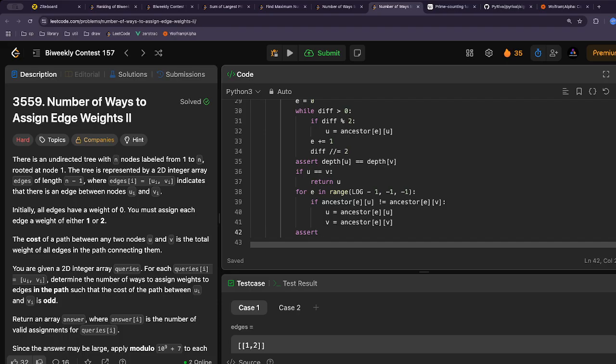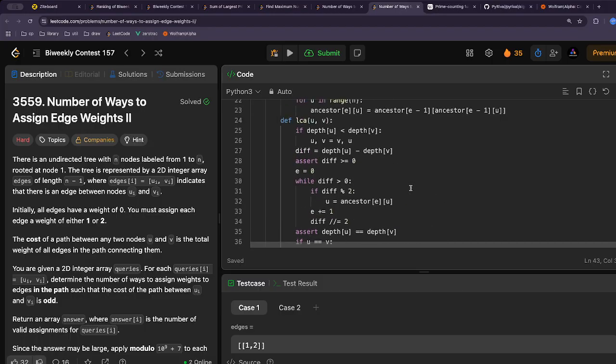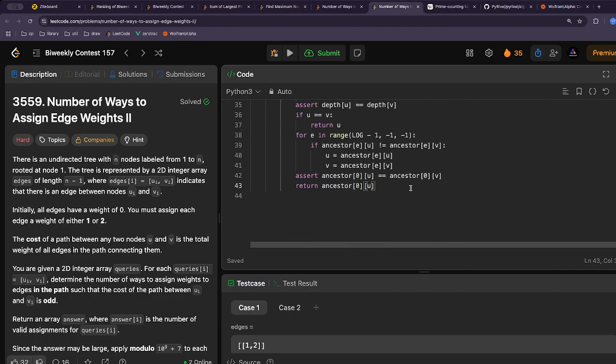So once we ended this loop, their parent has to be equal, and so it's the lowest common ancestor. Okay, and so we're done.